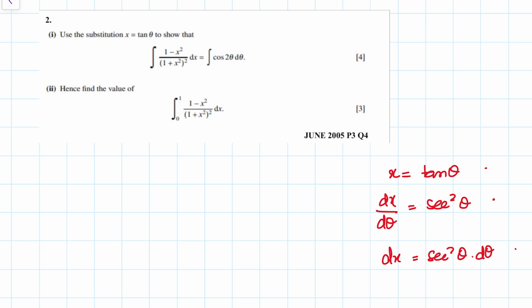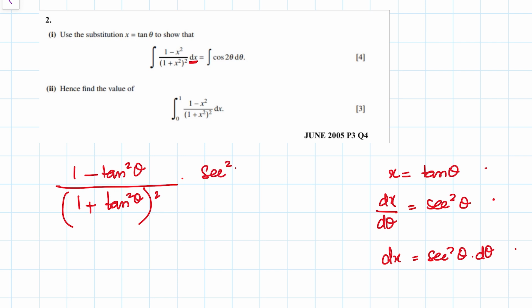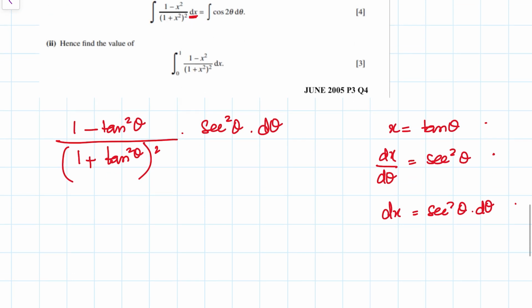Now, put the substitution: 1 minus tan square theta divided by 1 plus tan square theta, and there's a whole square on it, dot. In place of dx, I will write sec square theta dot d theta. Now, using the trigonometric identity, we know 1 plus tan square theta equals sec square theta.